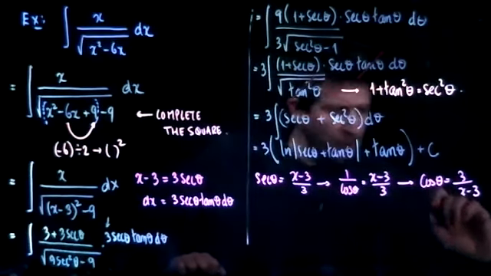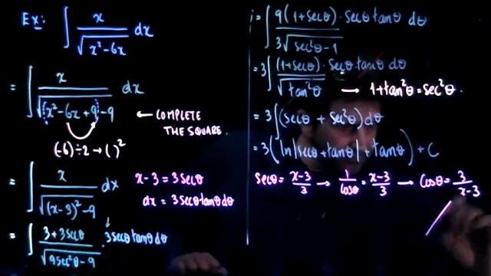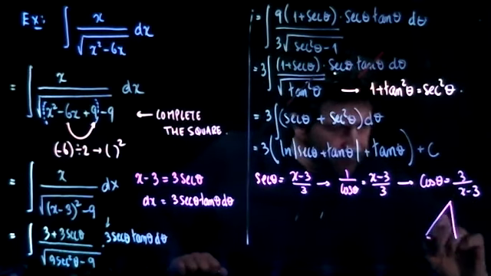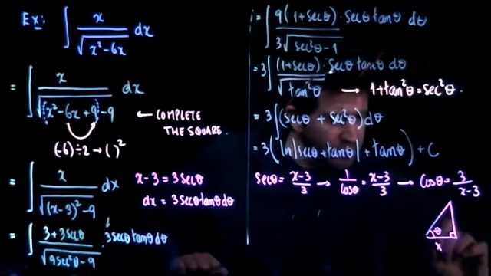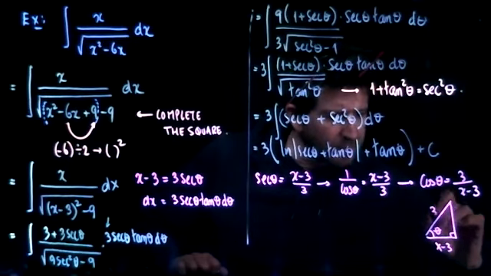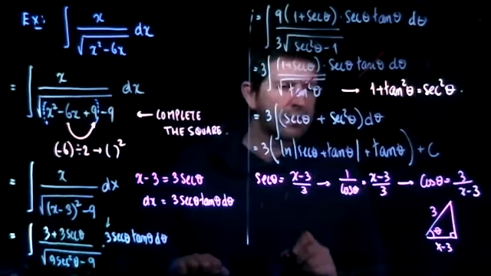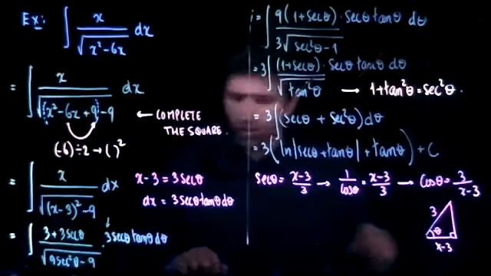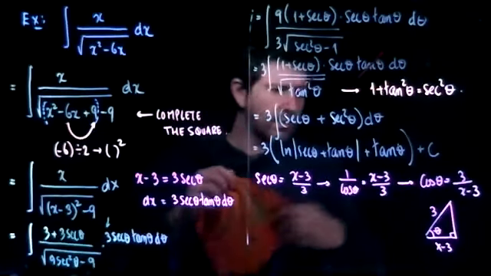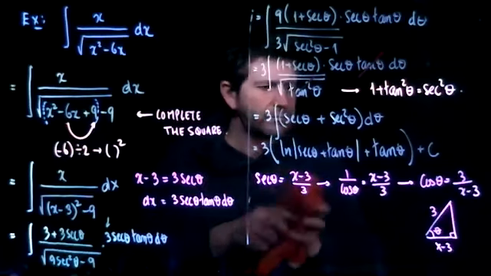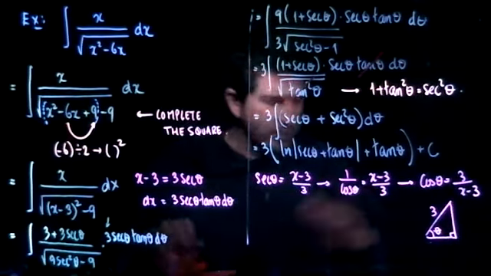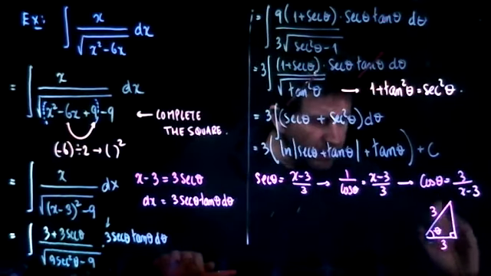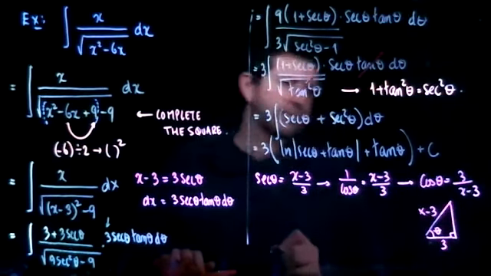Okay, I could now draw my triangle. Cos is adjacent over hypotenuse. Sorry, the adjacent is 3. Adjacent over hypotenuse, so adjacent is 3, and the hypotenuse is x minus 3.